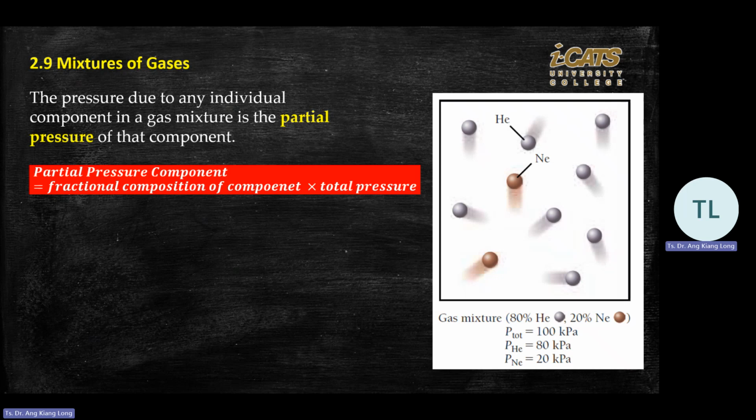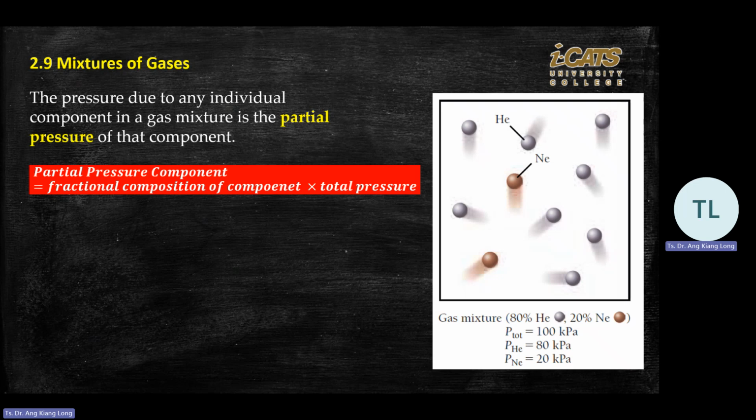multiply by total pressure. For example, in this container, you have helium and Ne. So let's say you have 80% He and 20% Ne. So P total in this container is 100 kilopascal. To find the partial pressure of He, equal 0.8. 80% is 0.8, right?